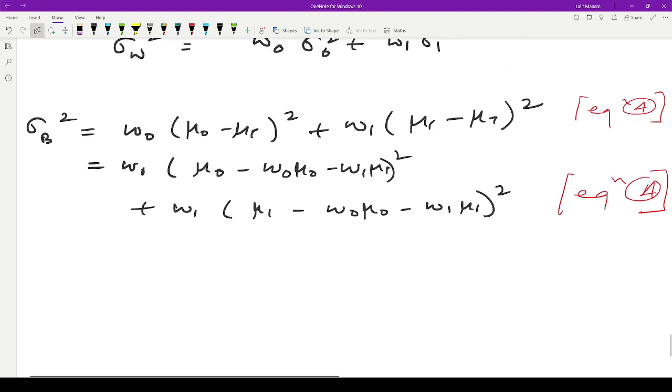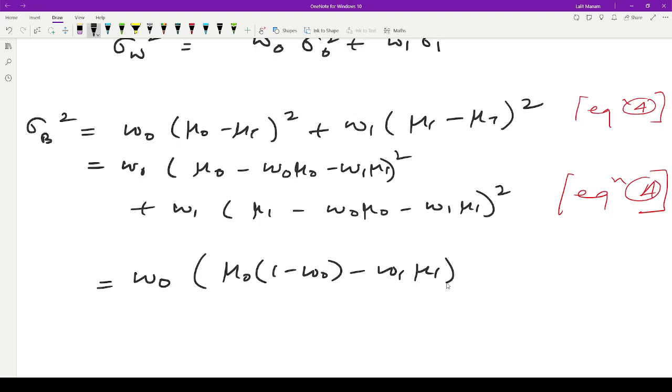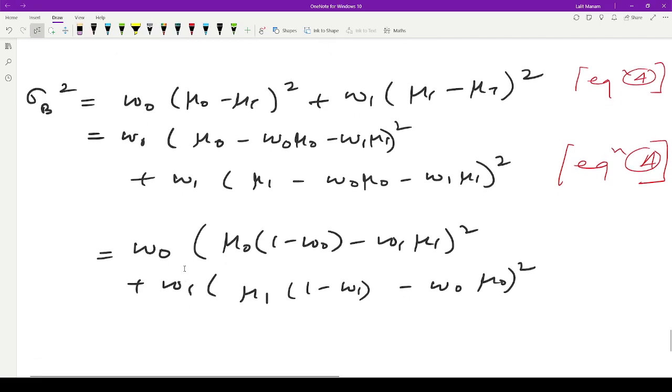So what can be done next? We'll just try to simplify this. We'll take mu naught into 1 minus w naught minus w1 mu1 whole square plus the same thing out here, 1 minus w1 minus w naught mu naught whole square. Okay, fine.